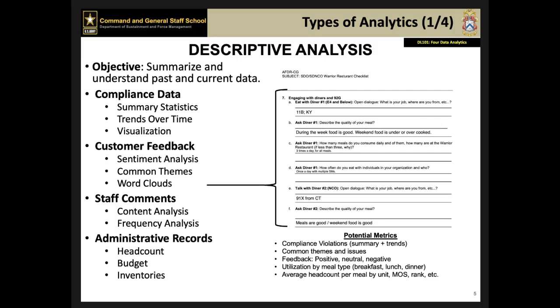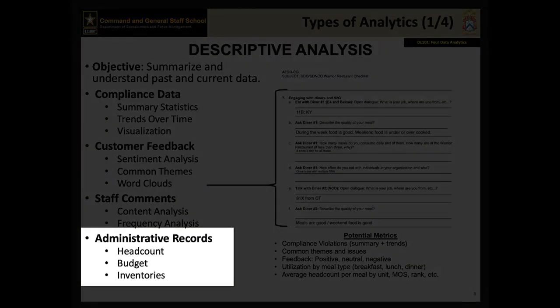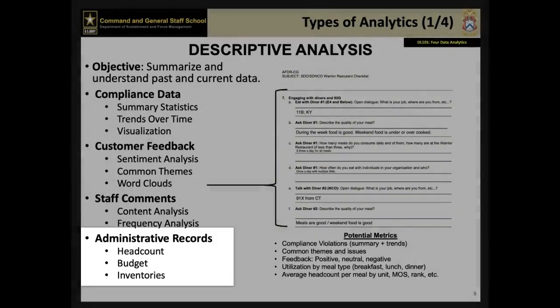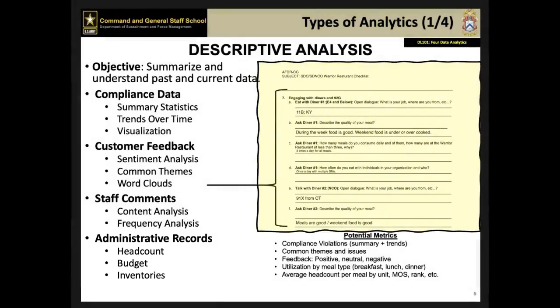The intent of descriptive analysis is to understand the current state and historical trends. We can look at the average headcount on each day of the week. We can examine our budget expenditures and review inventory records. From the hundreds of staff duty officer reports, we have a great deal of data with customer feedback, staff perceptions, and compliance with regulations and division policy.